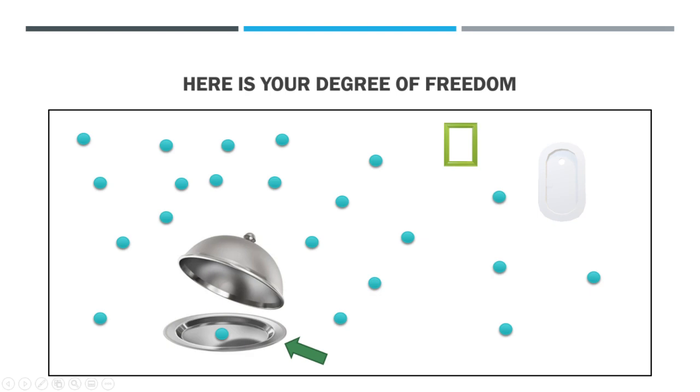So hopefully this explains what a degree of freedom is. I tried to bring in my silver platter example as the normal distribution curve, and the plate is the degree of freedom. You could also think of it as wrapping your arms around a pillar or something like that. That is your degree of freedom. But if you don't have your one observation, you don't have your one degree of freedom, you're not going to be able to orient yourself to count all the other observations that are in the room.